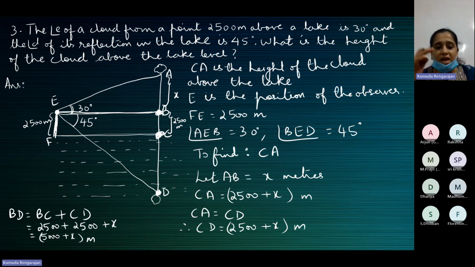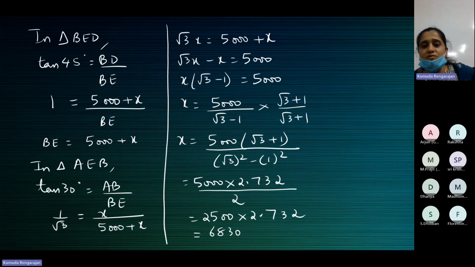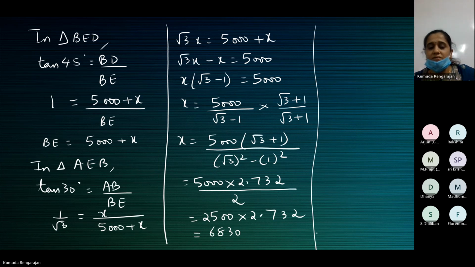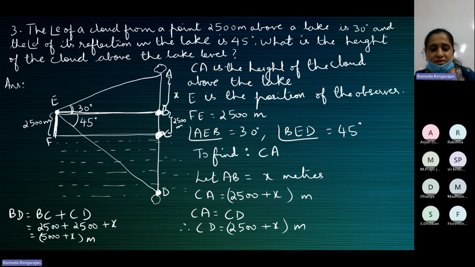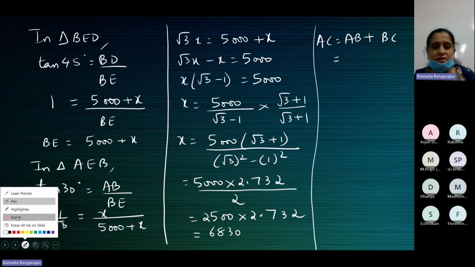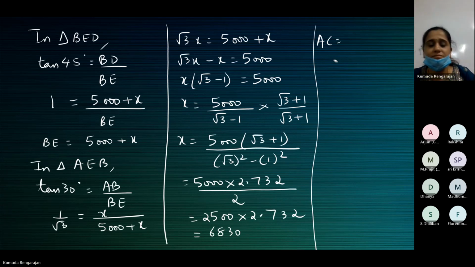So what is AC? AB plus BC. Or we have already written here, children, CA is 2,500 plus X. We'll use it straight away.